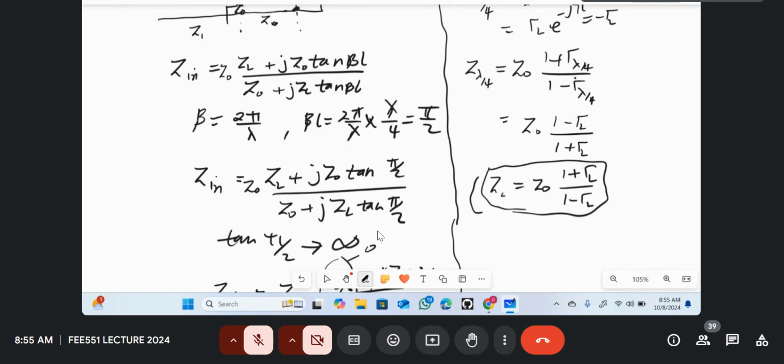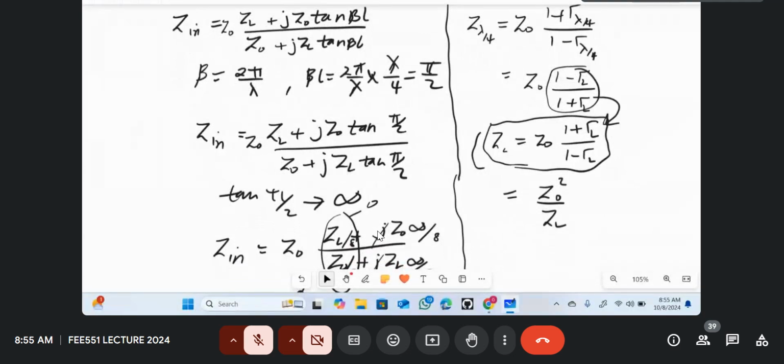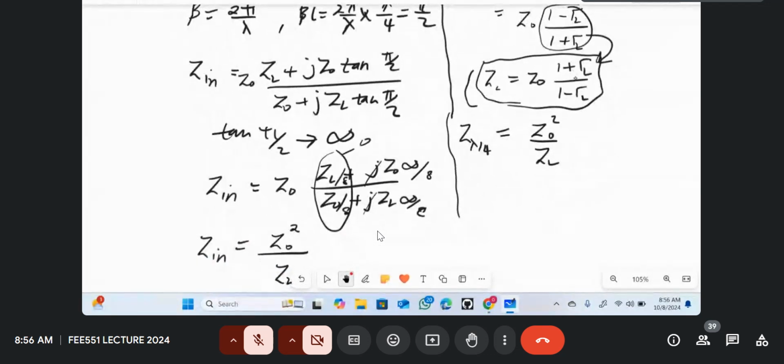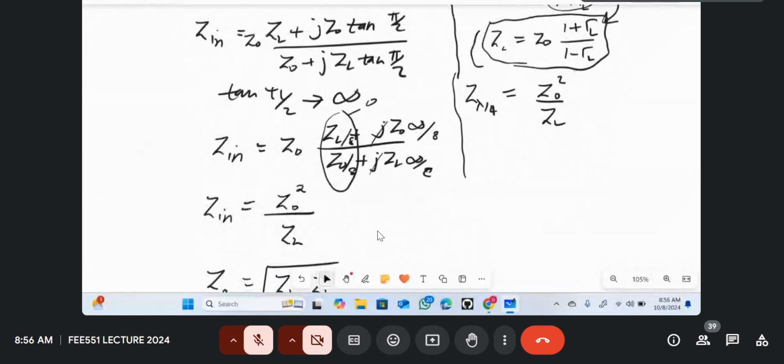The relationship between this part and this part gives you that expression, looking from the quarter wave section. So you can also derive the formula like that to get the same thing.